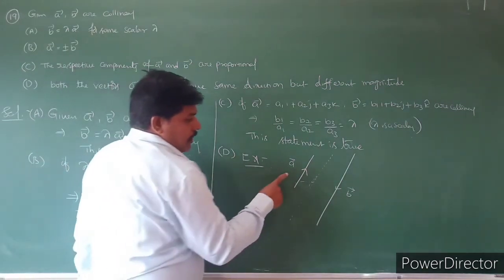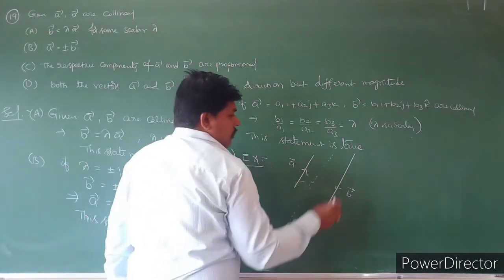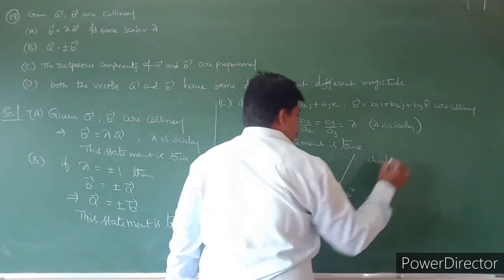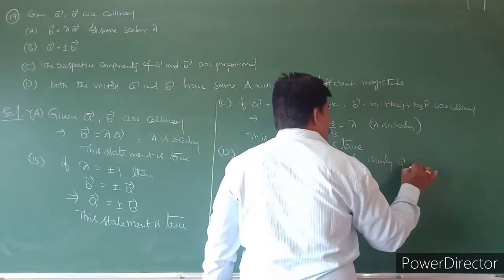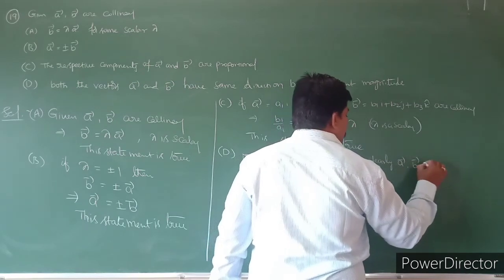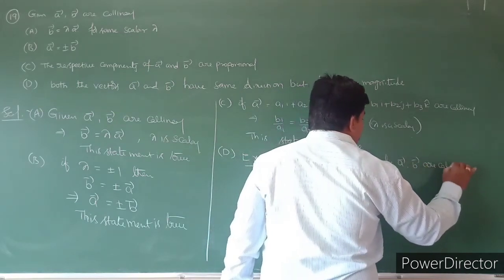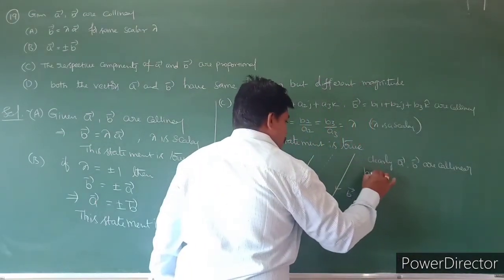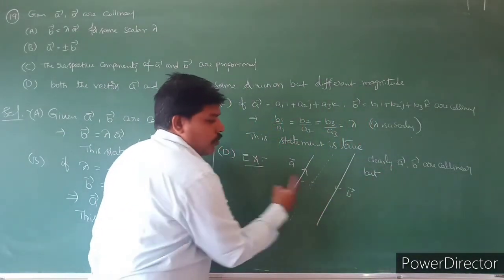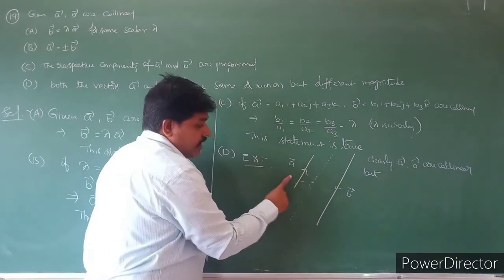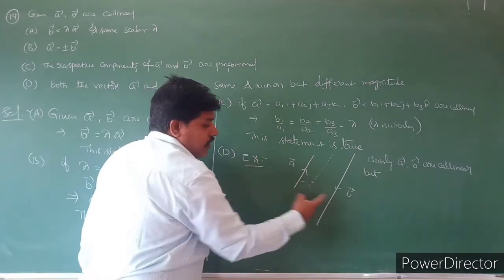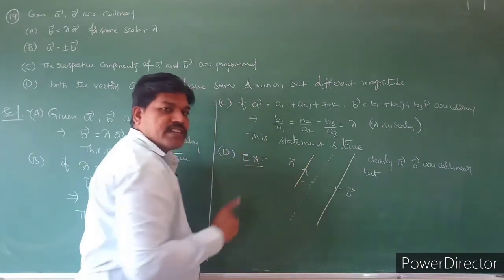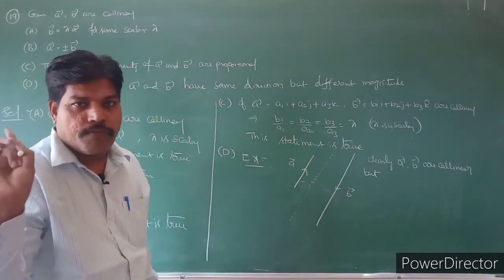Here clearly a bar, b bar are collinear. Are a bar and b bar collinear or not? Why? Because this vector is parallel to this line and this vector is also parallel to this line. So both the vectors are parallel to the same line, then we can say the two vectors are collinear, yes or no? So that is the definition.